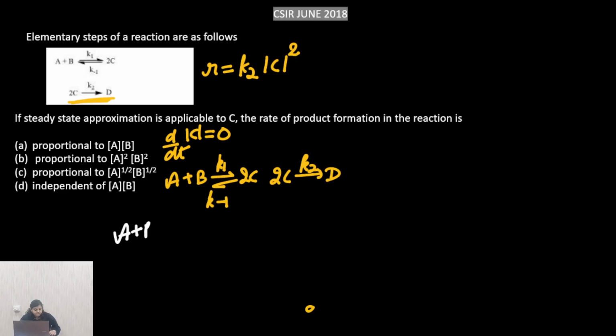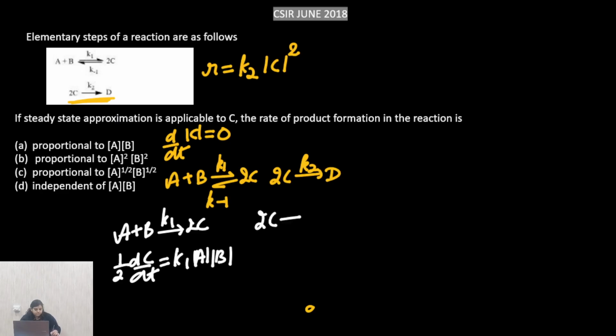It will be A plus B with the rate constant K1 giving us 2C. So 1 by 2 times dC by dt becomes K1 times A into B, right? From the second one, which gives 2C equal to A plus B, K inverse is the rate constant, so minus 1 by 2 dC by dt is equal to K inverse times.